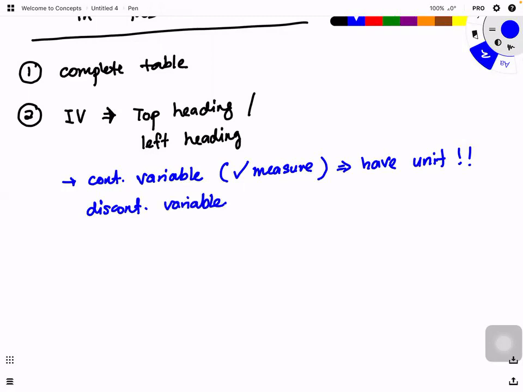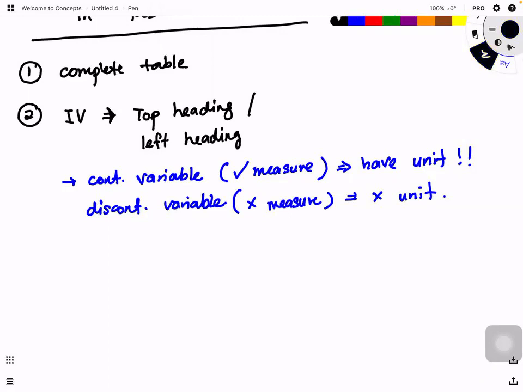Something you group. For example, sample 1, sample 2, sample 3, sample 4, or enzyme 1, enzyme 2, enzyme 3, enzyme 4. There is no intermediate. How do you measure enzyme 1, enzyme 2? You can't measure, right? If you can't measure, then no need for units. Are you clear?